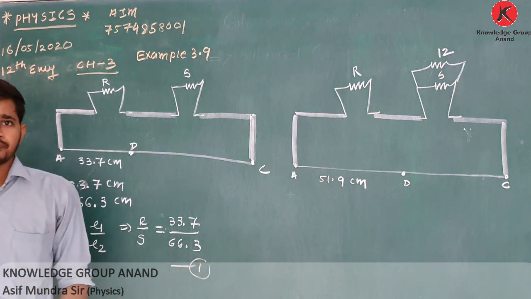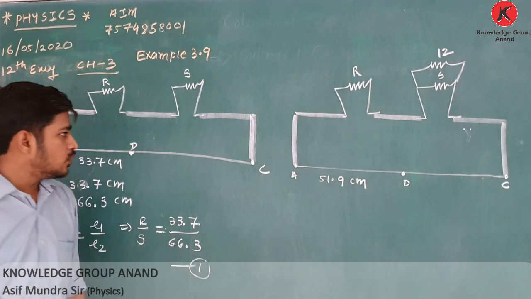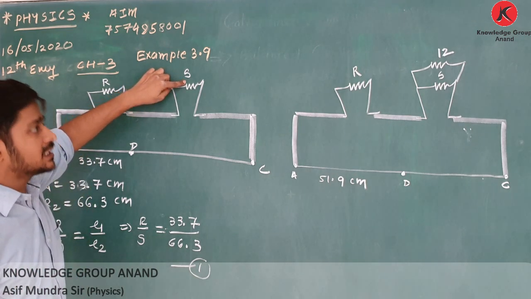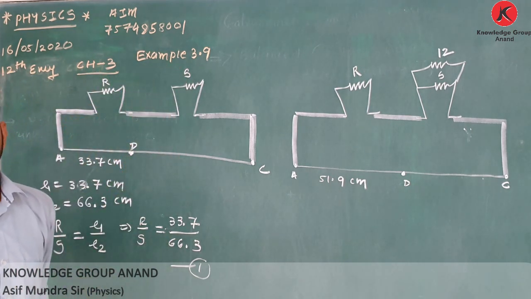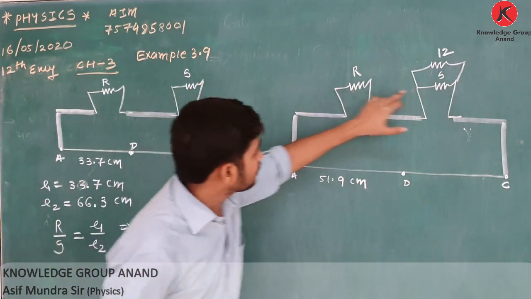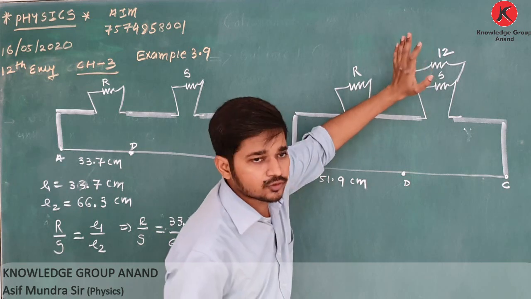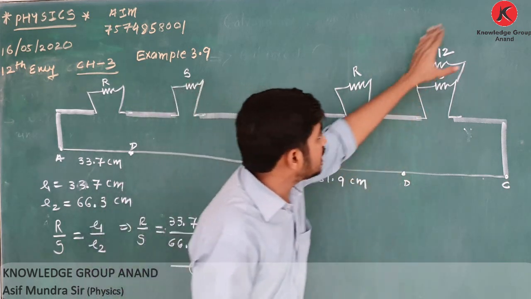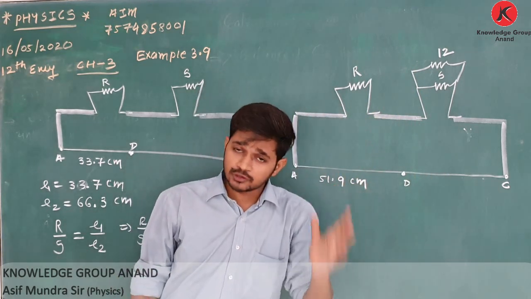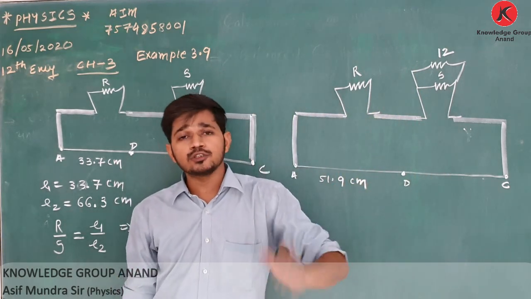Clear about this? Now the second case: with resistance S, a 12 ohm resistor is connected in parallel. So see here, what is the circuit? R as it is, and S is connected in parallel with the 12 ohm resistor. Obviously if this resistance changes, the overall resistance and currents also change and the null point also changes.